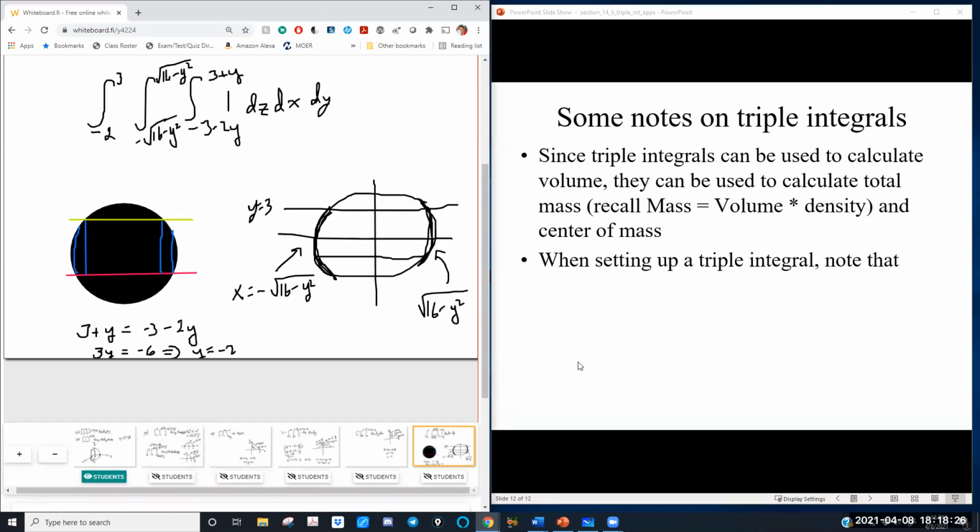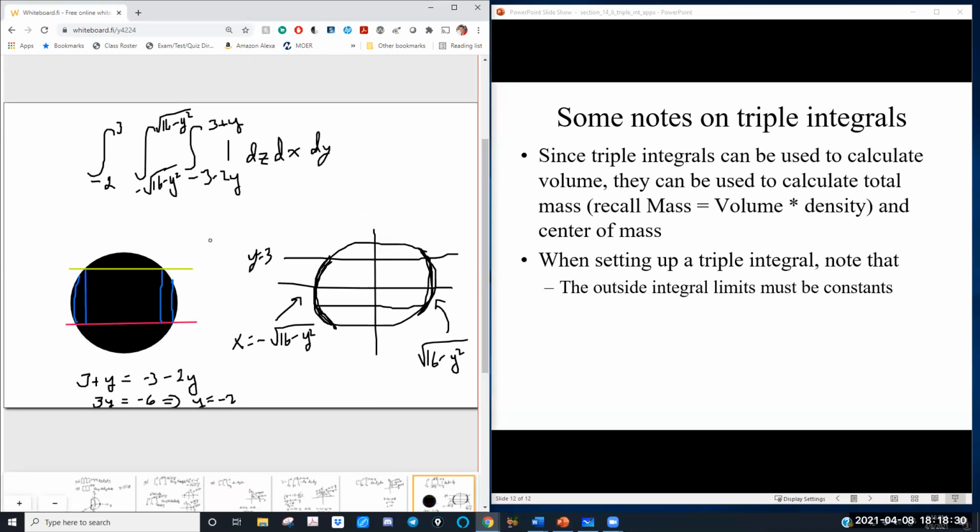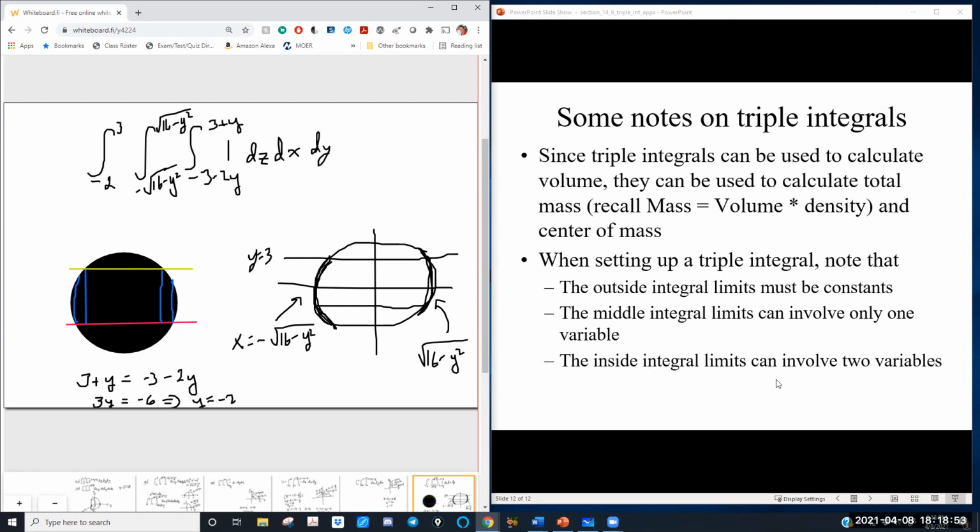Another thing I want to point out when setting up a triple integral: the outside limits have to be constants, just like with a double integral. The middle integral can only involve one variable, and that variable must be the last one you're integrating with respect to. So these had y's in it. That's okay, because we're still going to integrate out the y. The inside limits can involve two variables.